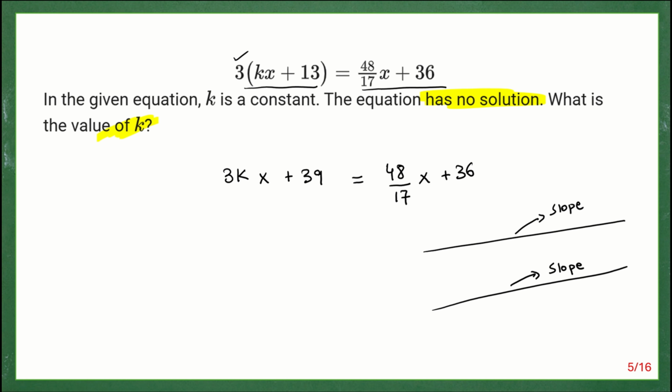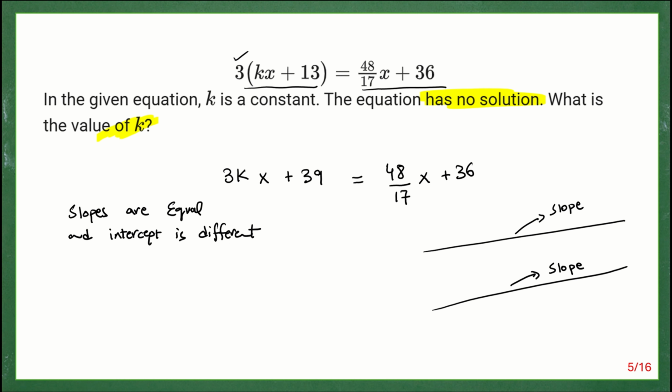Okay, so this is the main condition, that slopes are equal and the intercept is different in order to satisfy our no solution condition here.